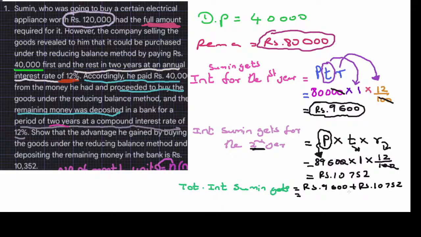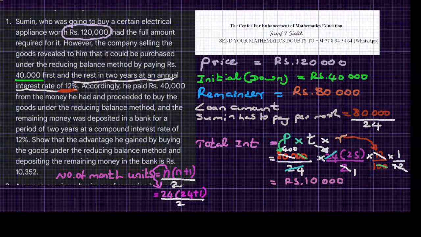Let's add. That's 20,352. This is the total interest Sumin gets. And what is the total interest Sumin is paying? A while ago, in the first step, we found out the total interest Sumin is paying is 10,000 bucks.